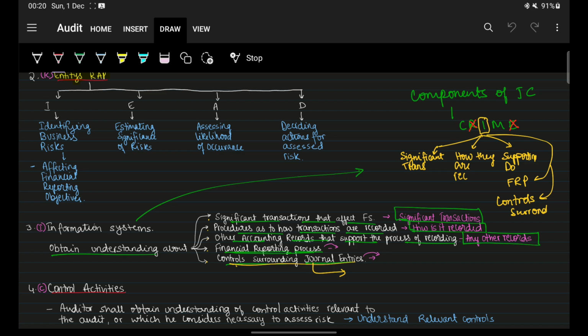So in that case there can be approval that is required, so there is some sort of a control activity that is placed, right? So those are some of the controls that are surrounding journal entries, okay. Or before any change is made, or how easy it is to edit a particular journal entry, right? So all that can be checked.